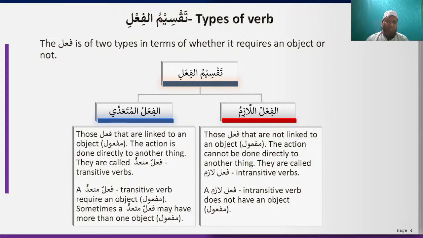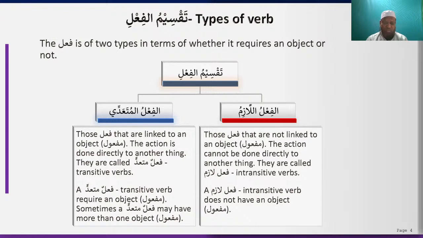On the other hand, الفعل المتعدي, those فعل that are linked to an object. The action is done directly to another thing. They are called فعل متعد. In English, transitive verbs. A فعل متعد requires an object.